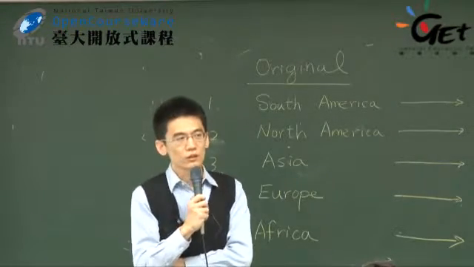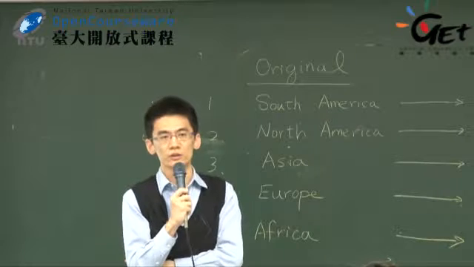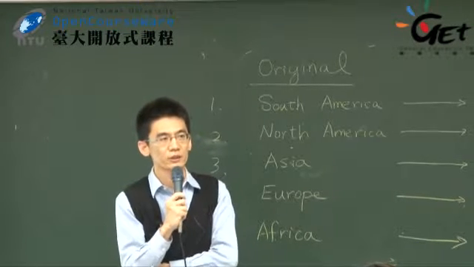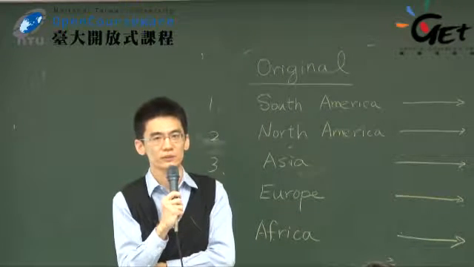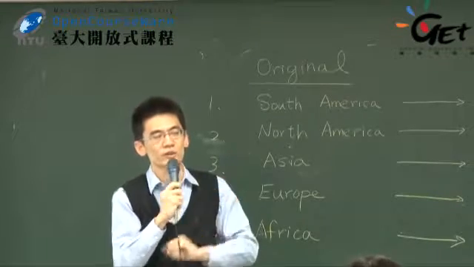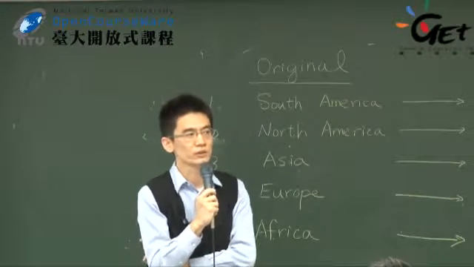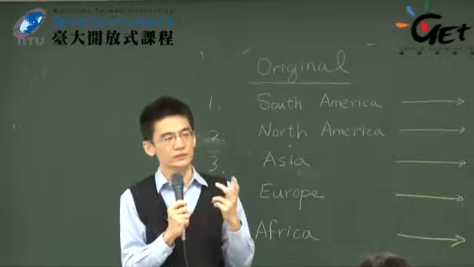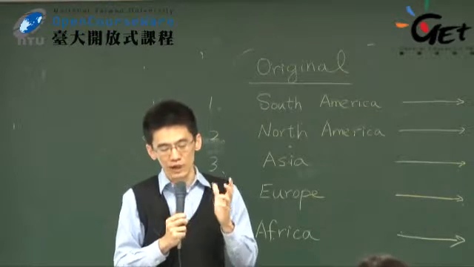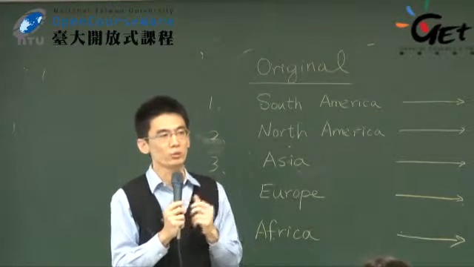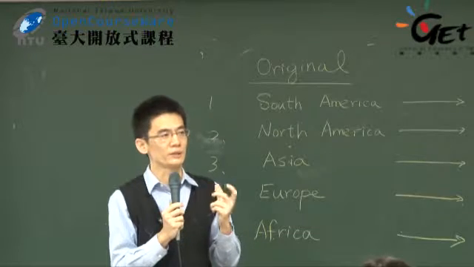So, remember we talked about the MDG, the Millennium Development Goal, in the first class. There are 8 goals that the United Nations wants to achieve by 2015, and reducing child mortality is one major goal among these 8.